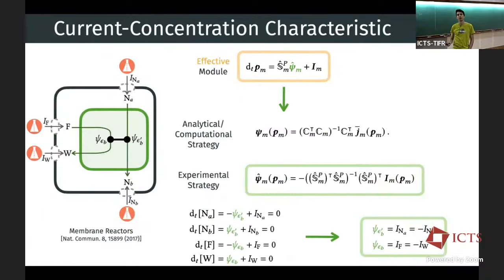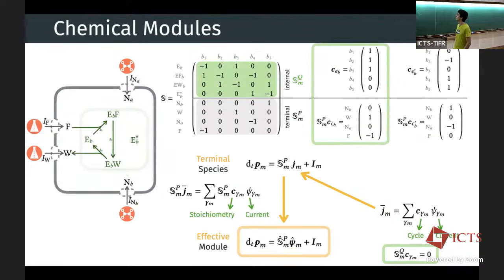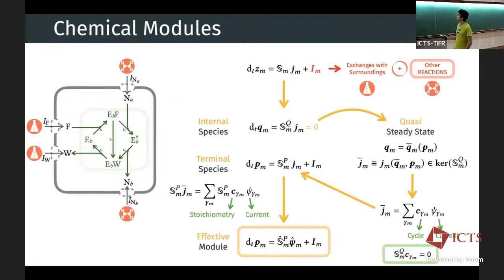Terminal species only. Sorry, I wasn't clear. The point is that we assume the internal species reach a steady state. So the concentration of the internal species is determined by the concentration of the terminal species.